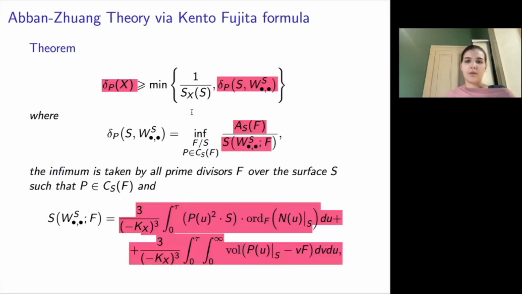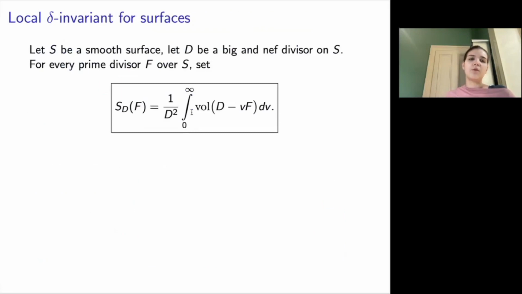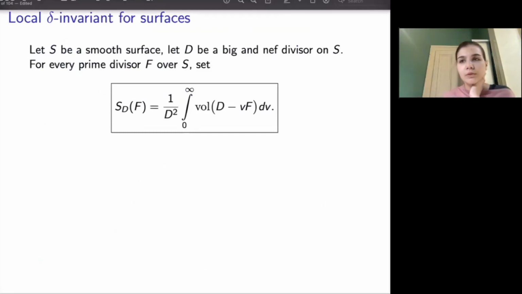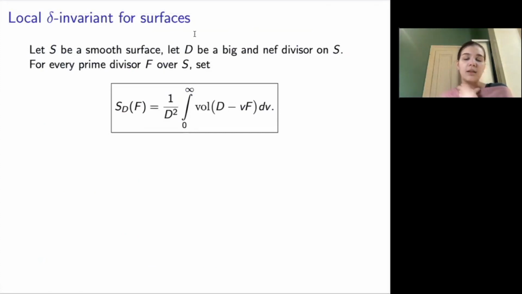But all of these computations for threefolds are quite scary, and they look better on surfaces. So let's look at how we can do it on surfaces. Suppose we have a smooth surface and a big enough divisor on this surface.